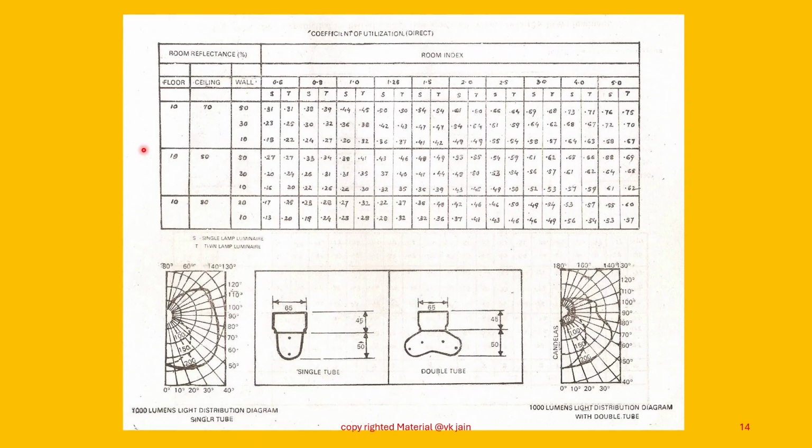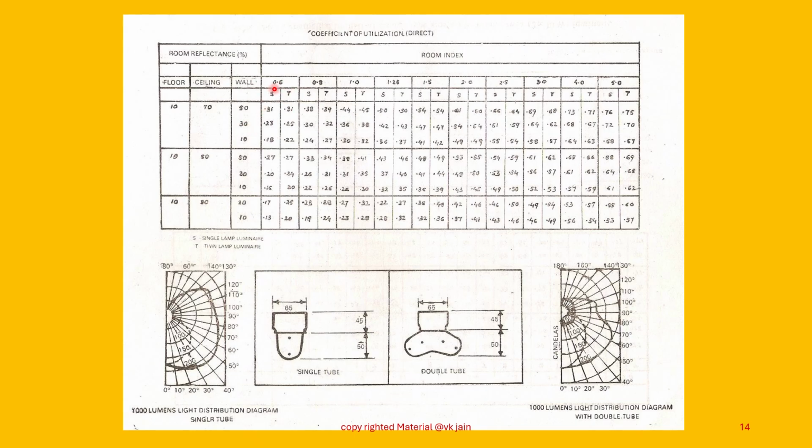This table is for room index, floor, ceiling and wall. Floor 10%, ceiling 70% that is, and wall three different values: 10, 30 and 50.